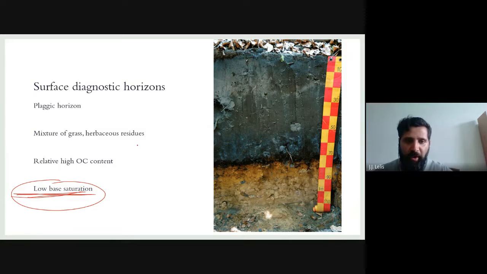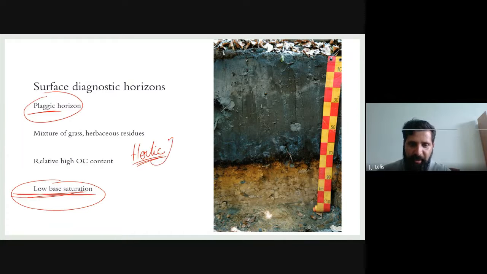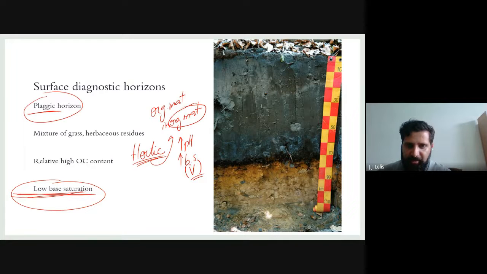So the difference between the Arctic and the pelagic horizon is essentially that in the Arctic horizon we have the incorporation of organic materials and inorganic materials, and these inorganic materials increase the pH and increase the base saturation. Base saturation symbol is just V. So if you see this letter, V is the symbol for base saturation.